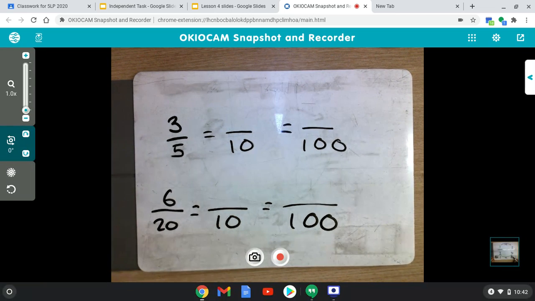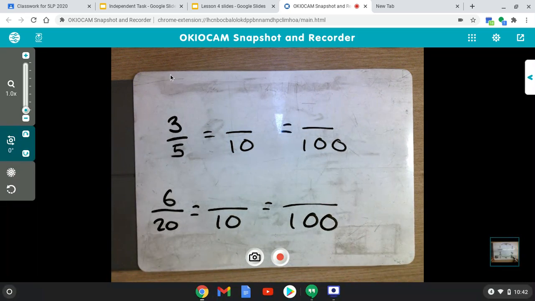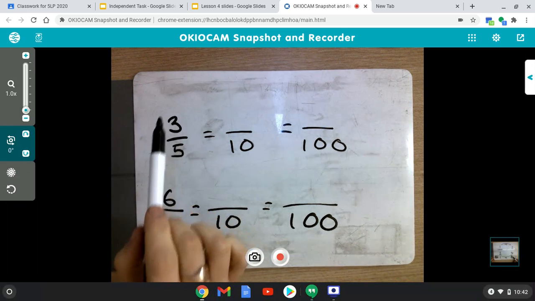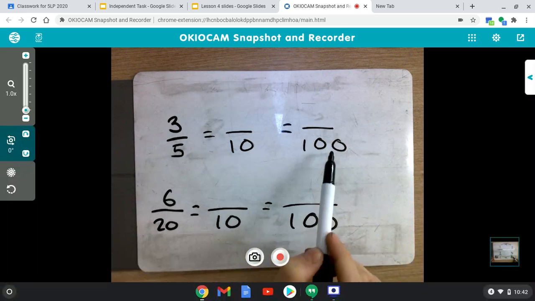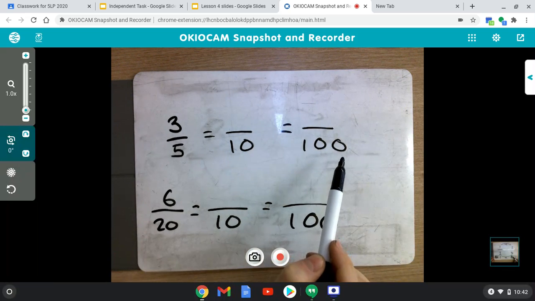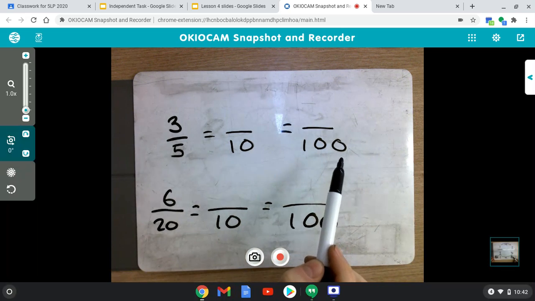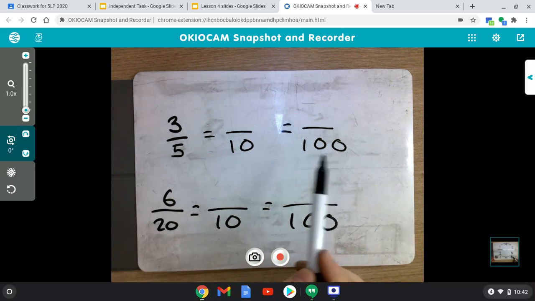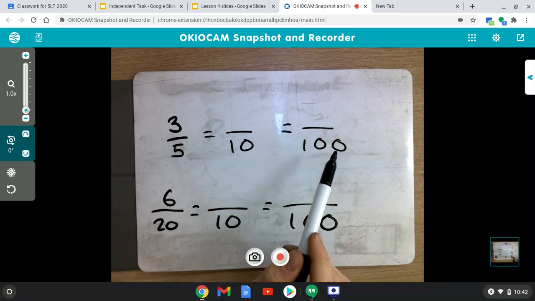So here, I'm going to show you how to convert, which means change, fractions when they are, for example, 3/5 into tenths or into hundredths. Okay, and what I want to do when I'm ordering fractions is try and put them all over the same number. So I want all fifths or all tenths or all hundredths. So this is going to really help me with that.